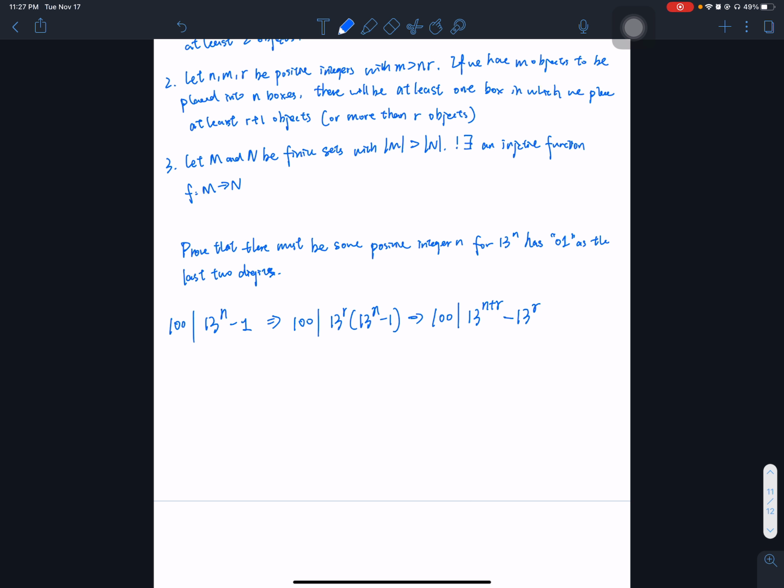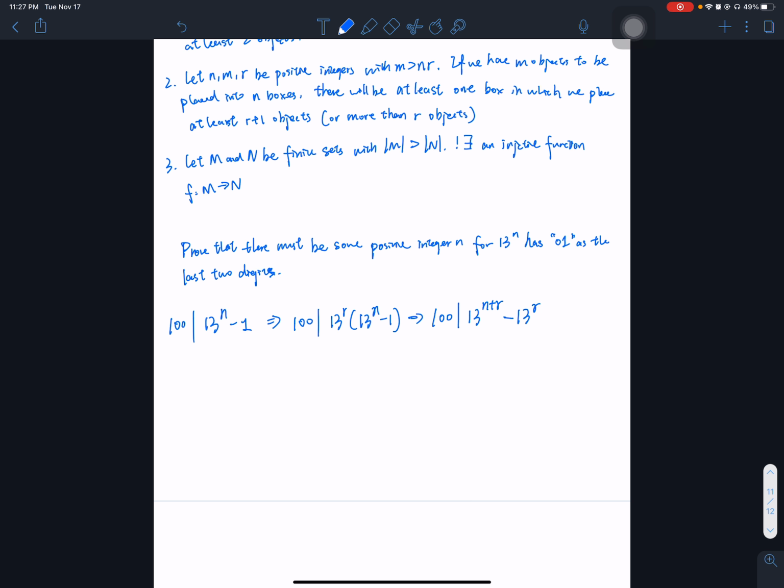This looks familiar for the pigeonhole principle because it indicates that 13 to the n plus r's power and 13 to the r's power have the same remainder when divided by 100.